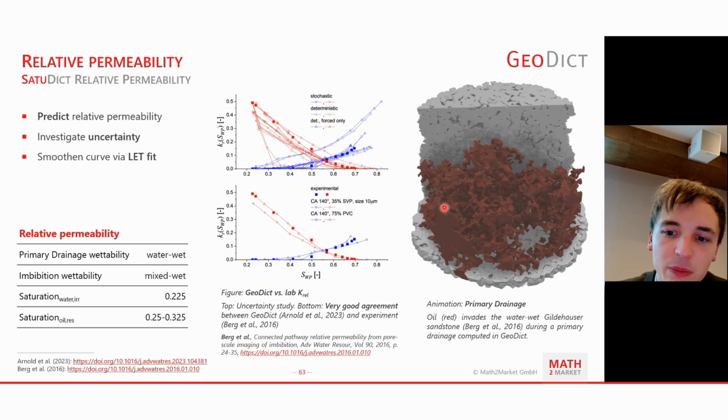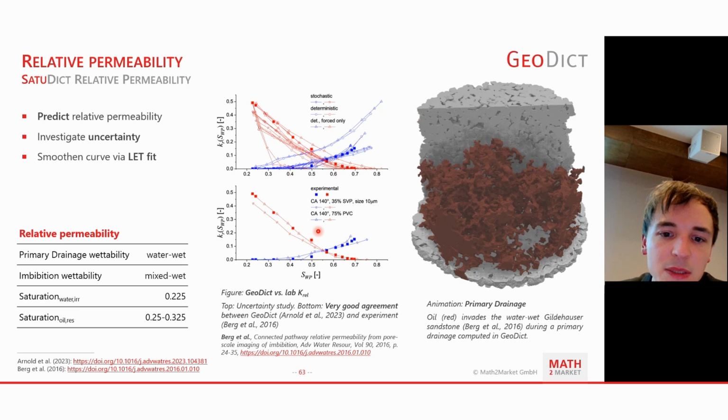As Christian was mentioning before, you can also apply the LET fit. You can also play around with the deterministic and stochastic approach parameters that we expose to the graphical user interface in GeoDict to do some kind of sensitivity study.